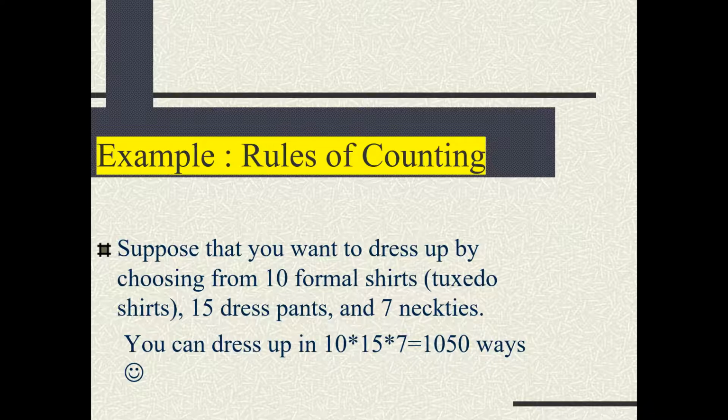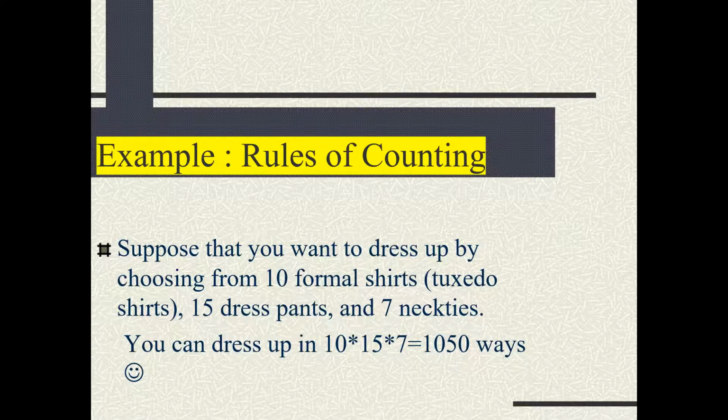So I can dress up in 10 into 15 into 7 ways, which is a pretty big number. By using these 10 shirts, 15 dress pants and 7 neckties, there are 1050 different ways I can dress up. Okay.